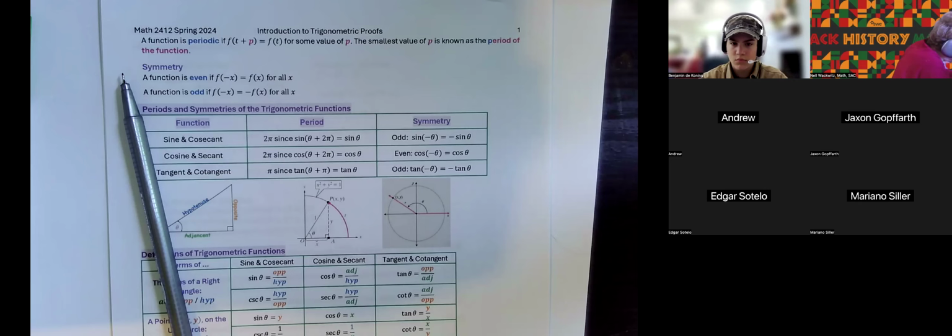Here, for x squared, every number in the first quadrant maps to a number in the second quadrant. So if you fold along the y-axis, it'll match. For odd, if you fold twice along the y-axis and then again along the x-axis, it will match.